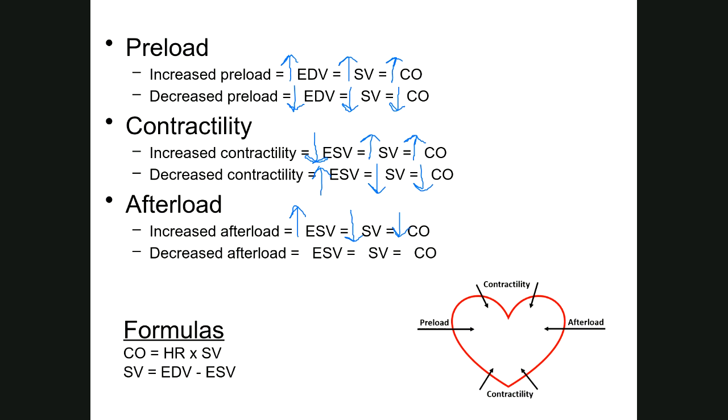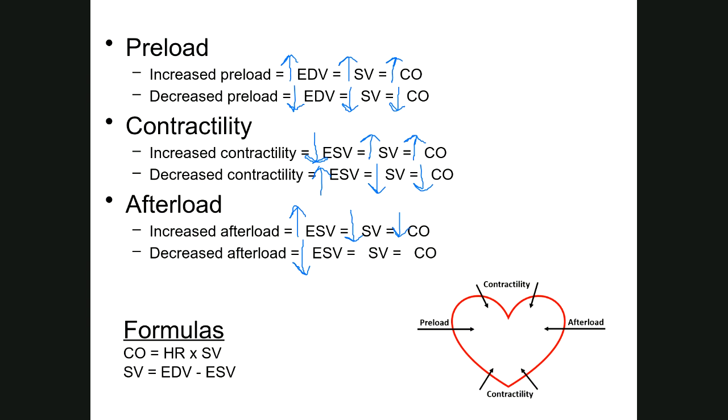If you have high blood pressure and you're on a blood pressure medication, or you don't have high blood pressure, you've got normal healthy blood pressure, then the afterload, that back pressure on the heart, is decreased. And if there's not as much pressure resisting the movement of blood from the left ventricle into the aorta, what we're going to see is that blood's going to move easier from that left ventricle into the aorta, and that means there's going to be less blood left over in that ventricle at the end of contraction.